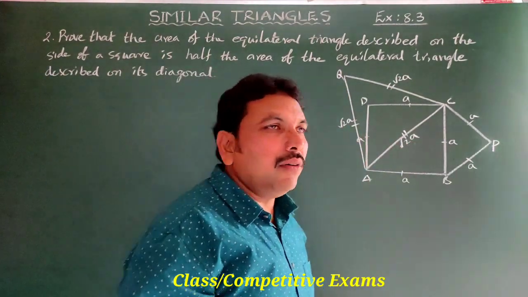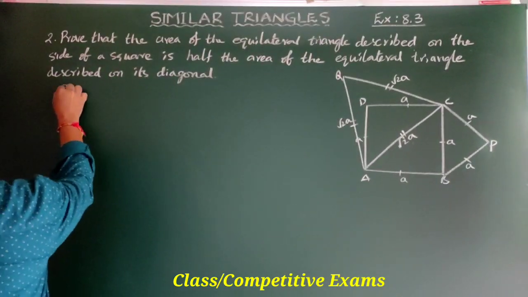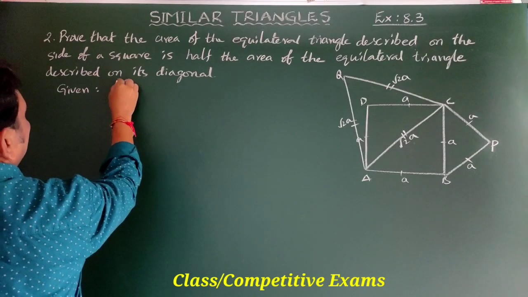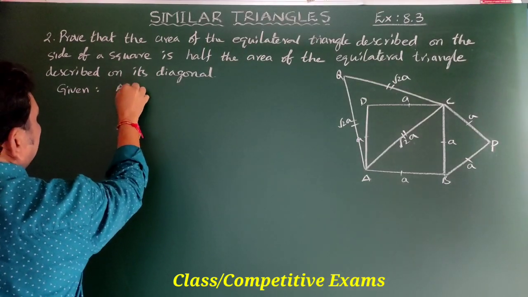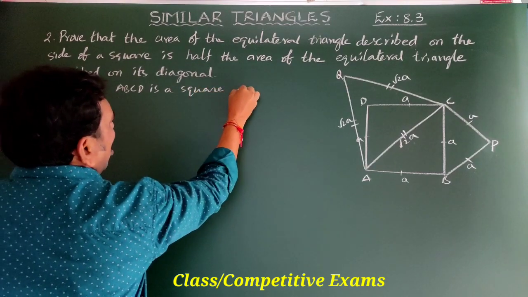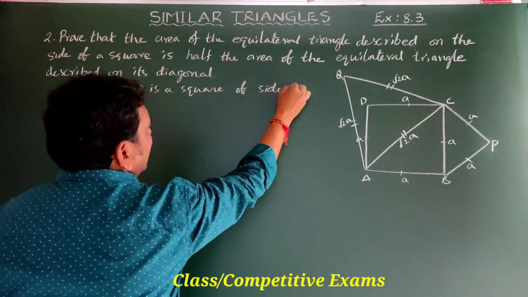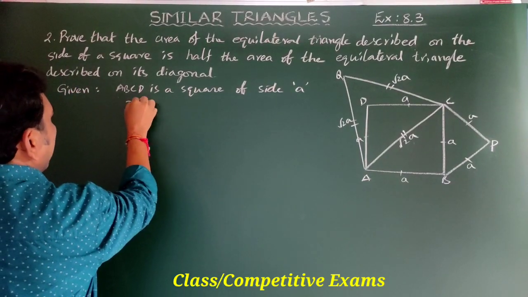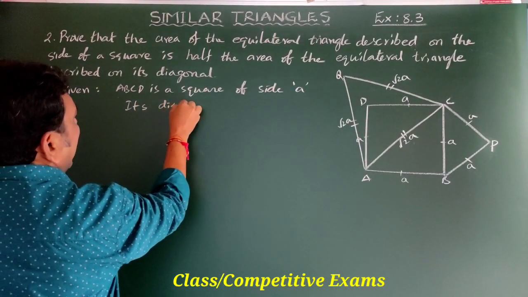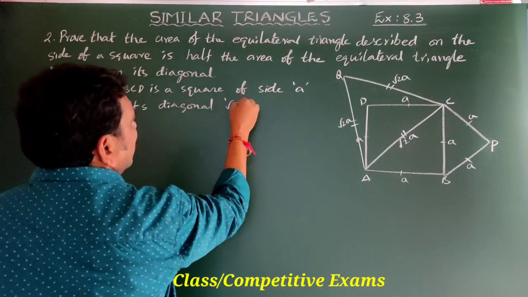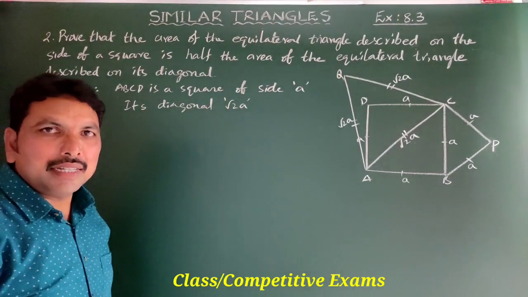Yes, let us prove. Given: first, what has been given? ABCD is a square of side a. Right, its diagonal is root 2a, isn't it?